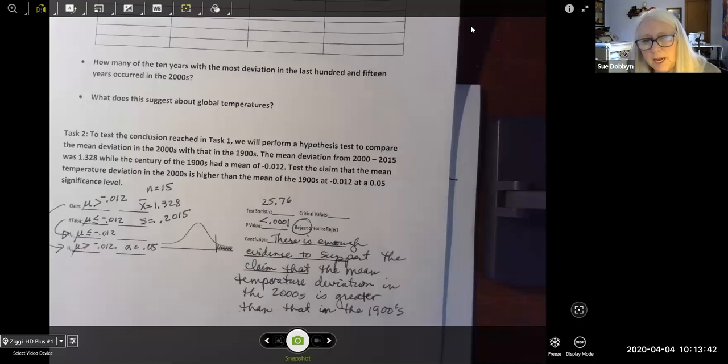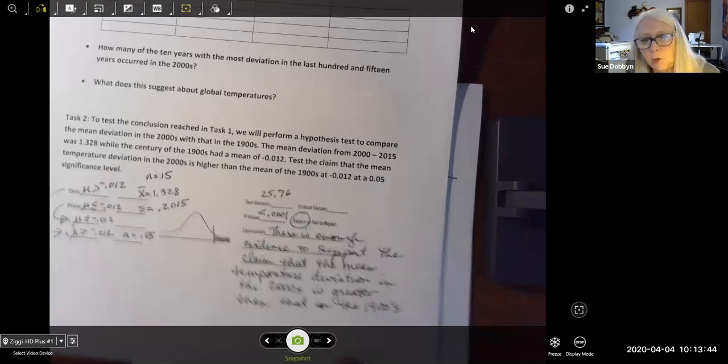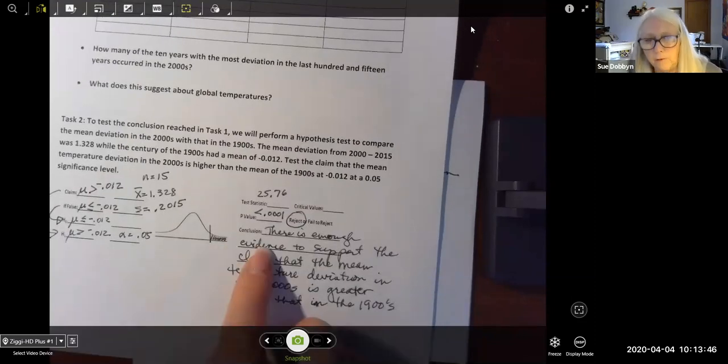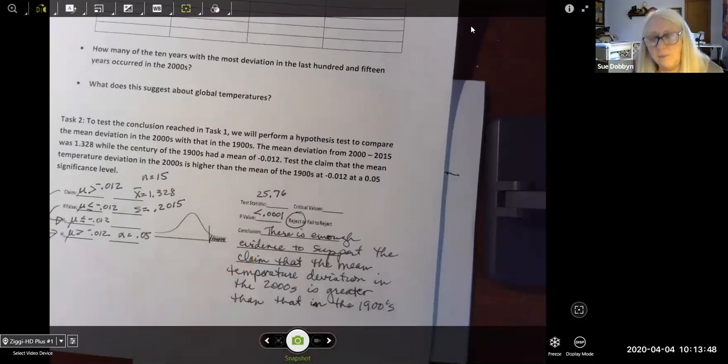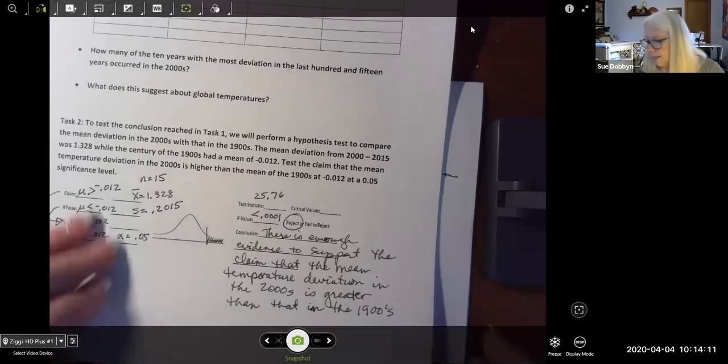This other thing that we did in task 2 is actually statistical proof. We have literally developed the actual numbers and done a formal hypothesis test to prove that there's enough evidence to support the conclusion, statistical proof, that the mean deviation in the 2000s is actually greater than that in the 1900s. And in task 3, that's essentially what they're asking you.